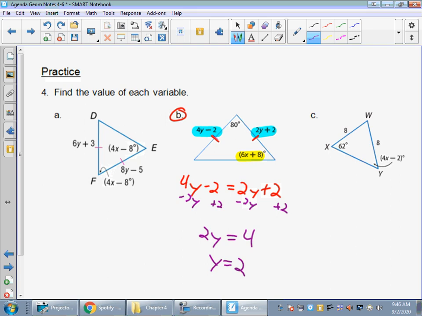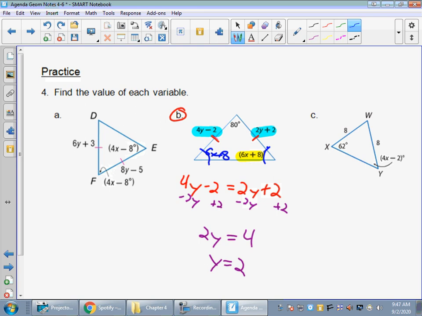Now I have to find the x. The x is highlighted here in yellow. I have to find what these angles might be, and then I can solve for x by itself. Remember that because these two sides are equal, this angle here is equal to this angle here. So I could say that this angle here is 6x plus 8 also.